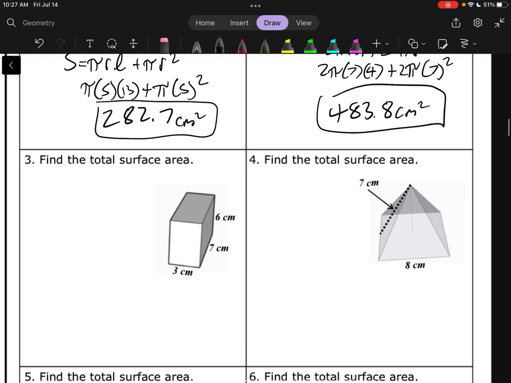For our rectangular prism here, we got to do pH plus 2b. Our perimeter, if you chose like this side as your base for the perimeter part, you should have gotten 3 plus 6 plus 3 plus 6, which was 18. Your height then should have been 6. Oh wait, no, I'm crazy. It should have been 3 plus 7 plus 3 plus 7, which is 20.